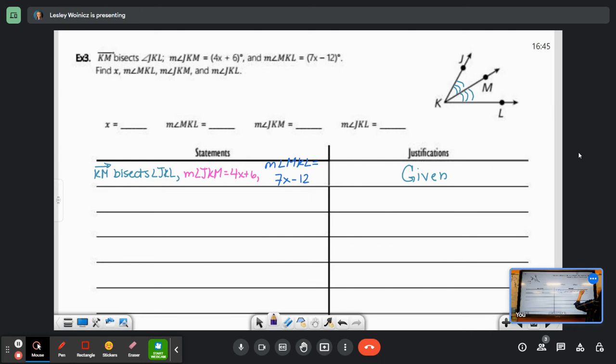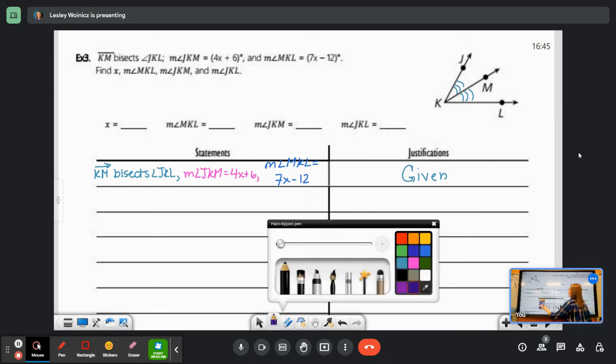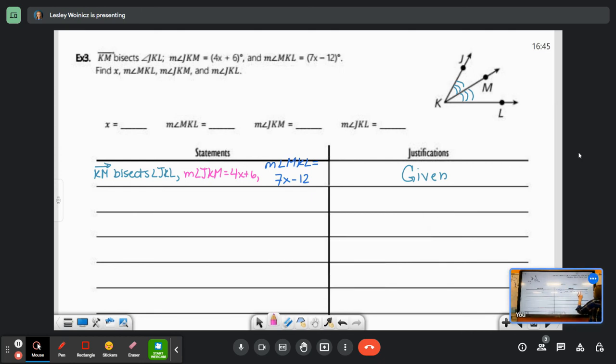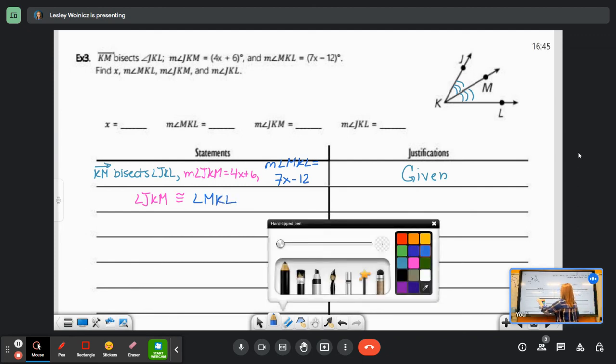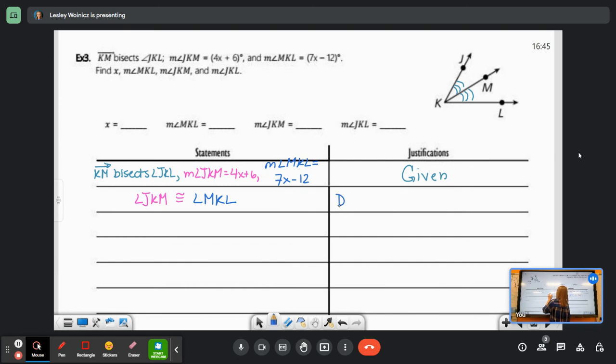So we're going to say angle JKM is congruent to angle MKL. And that is because of the definition of an angle bisector.